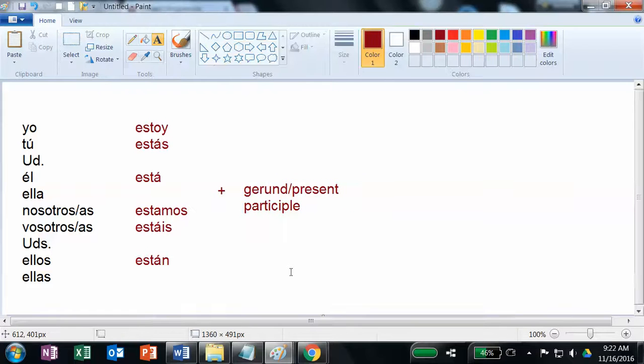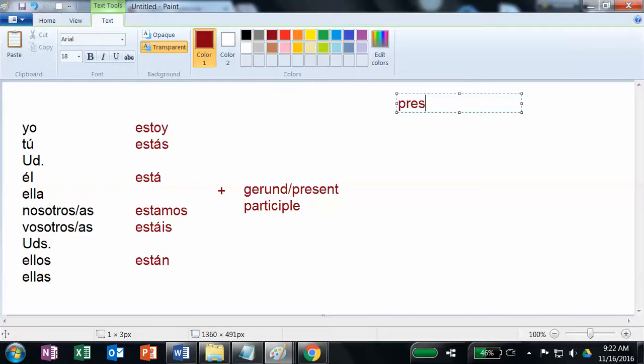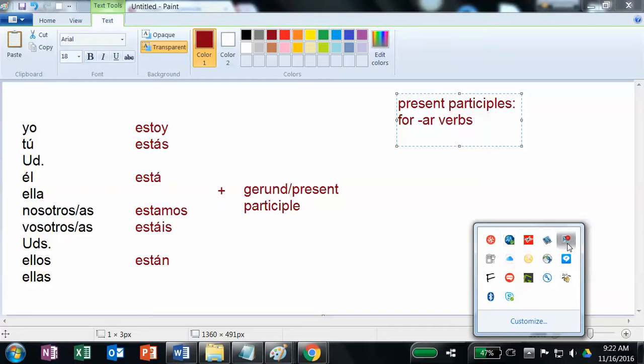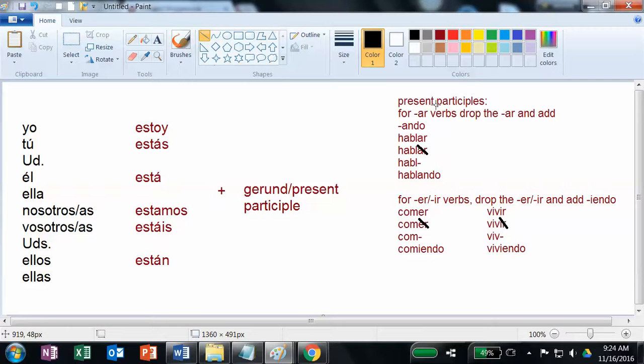And how you form the present participle is, just put that over here, present participles. If it's an AR verb, okay, so to make the present participle for an AR verb, you're going to drop the AR and add ando.